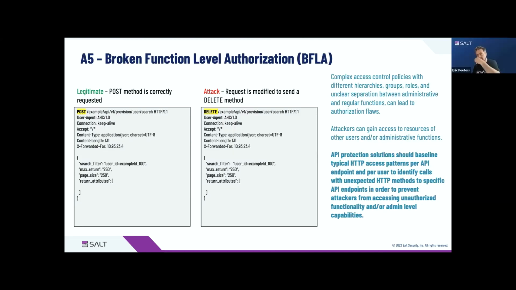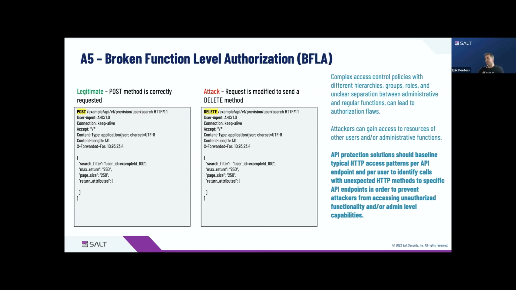Okay. So yeah, broken function level authorization. Basically that's the idea that you can have certain functions like a get, a post, an update, a delete. And broken function level authorization allows users to use certain functions they're not supposed to use. So maybe a user is able to do a get and a post to add data and to get data, but shouldn't be able to delete data. But if he changes the API call itself to a delete, maybe it will just work because the authorization is not fully in place.